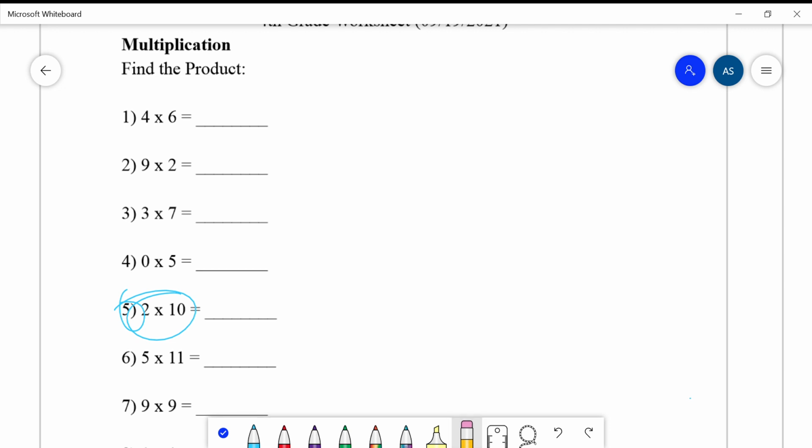We could look at that as 2, 10 times, and so that would be 10 plus 10, right? Or we could look at this as 2's 10 times, and that would simply be 2 plus 2 plus 2.